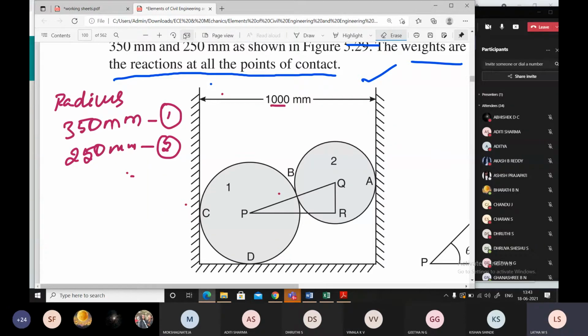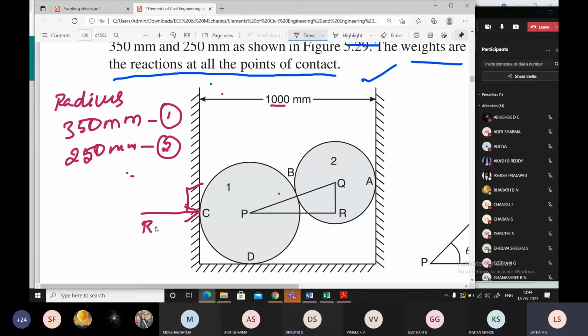Now tell me, at B, C, and D, what are the reactions, and in which quadrant will they lie? At C, how should I draw the reaction? Perpendicular to the plane.